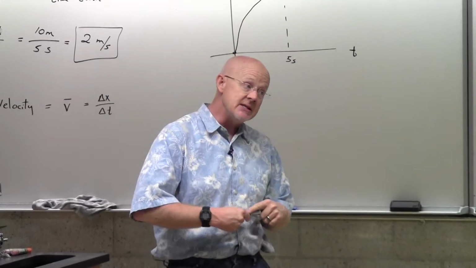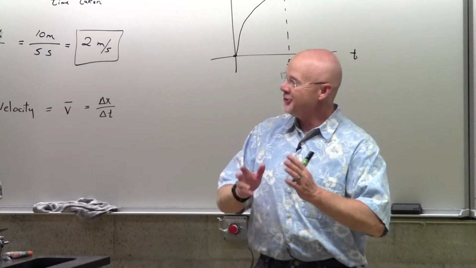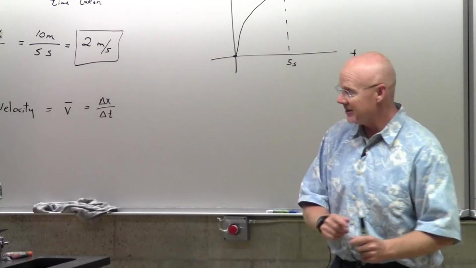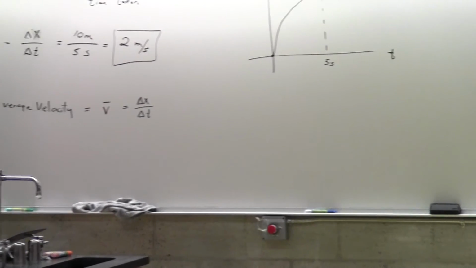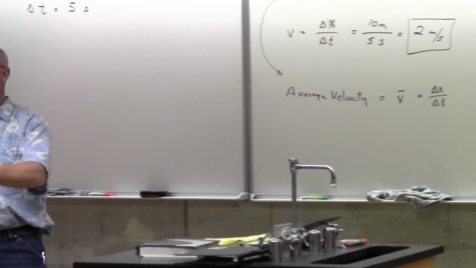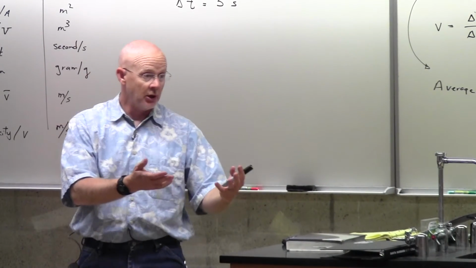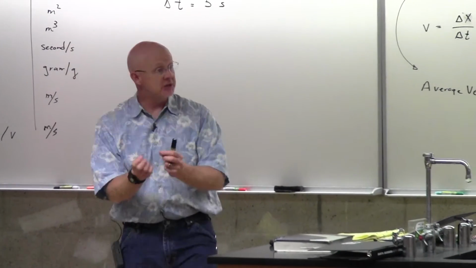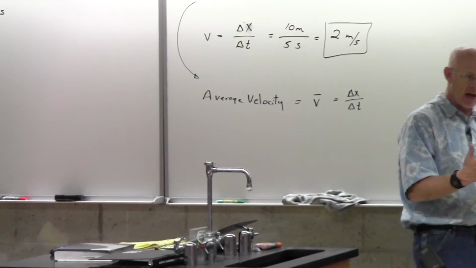Now, since it's an instantaneous velocity, it doesn't mean that I'm always going 2 meters per second. But what it does mean is that at that instant, if I would continue at that rate for a whole 1 second, I would go 2 meters. But since my speed may increase or decrease, I may go more or less than 2 meters.